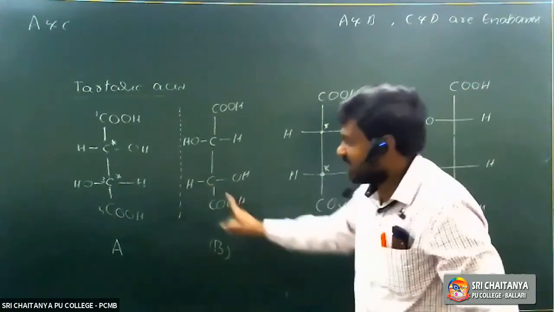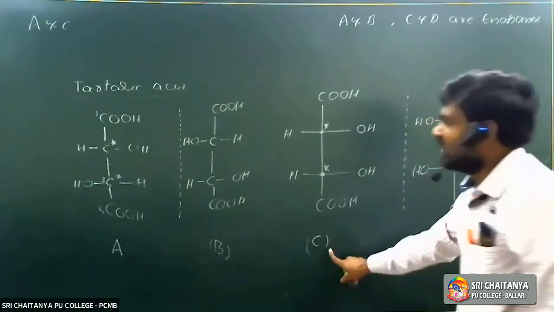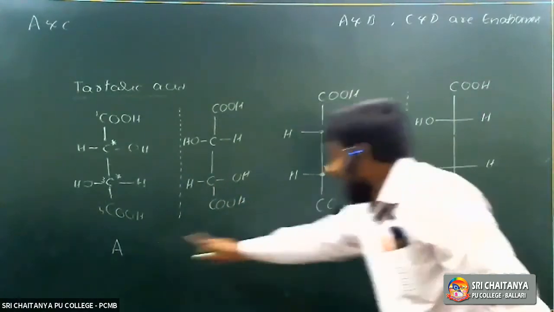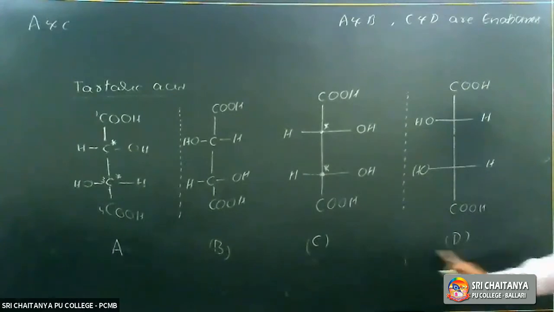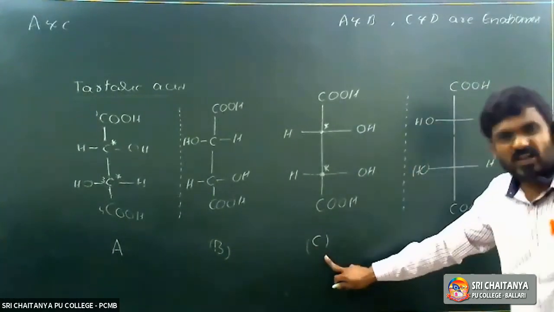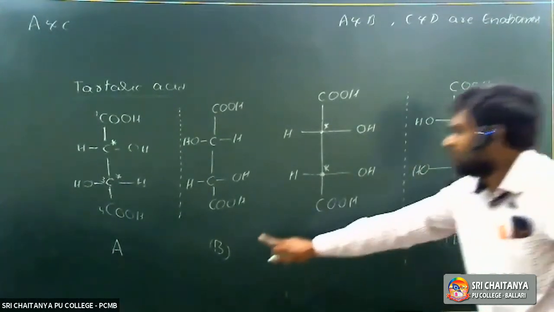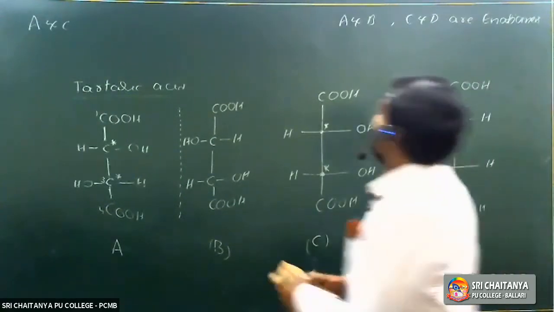A and B are mirror images, but A and C are not mirror images. A and D are not mirror images. B and C are not mirror images, and B and D are also not mirror images.